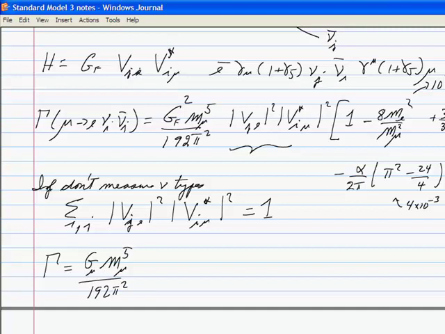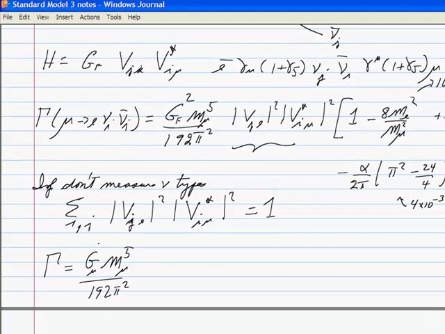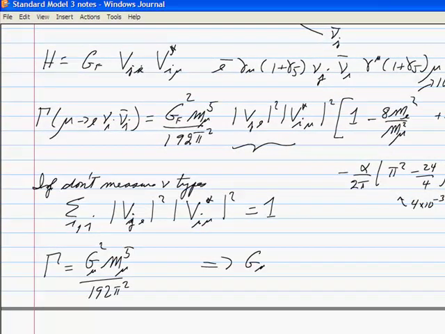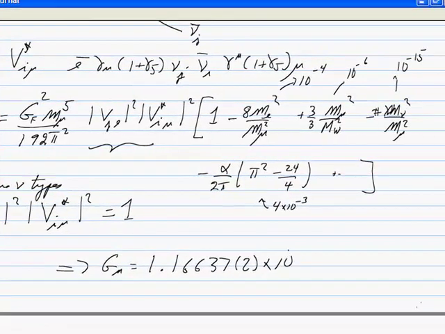And we just define that to be G_mu squared, and this tells us that G_mu, this is our best measurement, 1.16637, 2 in the last digit, times 10 to the minus 5 GeV minus 2, which memorizes as 10 to the minus 5 over the proton mass squared.